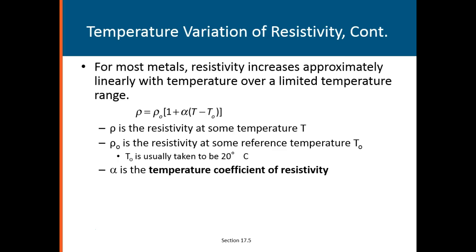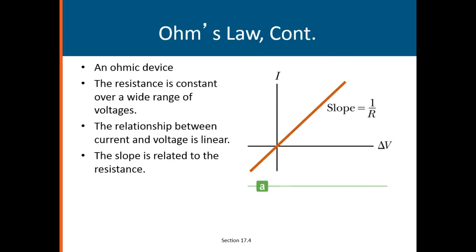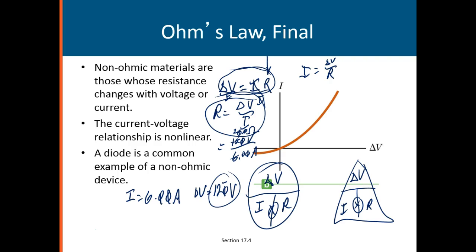And if you remember the table that we had, those were the alphas in that table. Let's go back. No, they weren't here. It was in the book. If you go to that table on page 574, the temperature coefficients of resistivity, those are your alphas. They're all fairly small numbers.